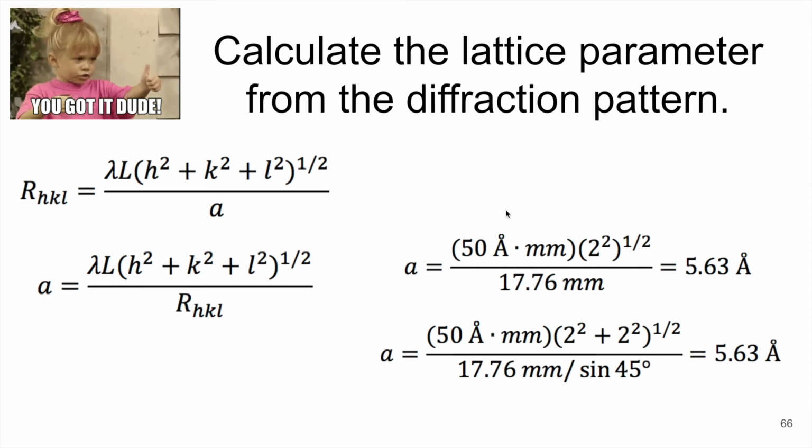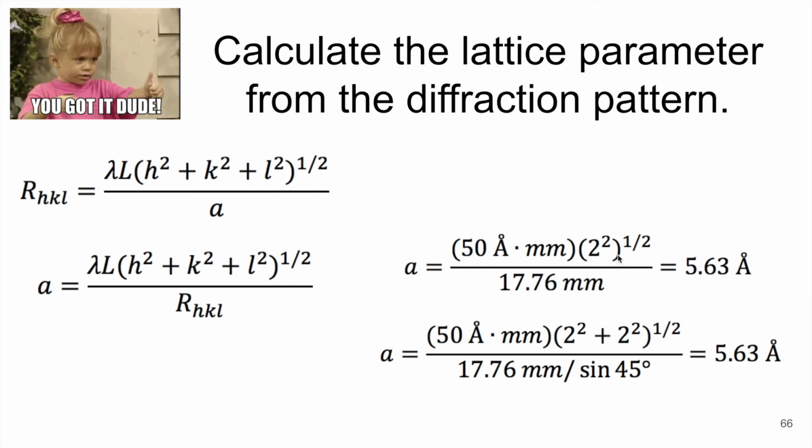That's why we have the interesting units here. So 50 angstrom millimeters. And you may use different points depending on which one you choose. For this one, I used the 2, 0, 0.